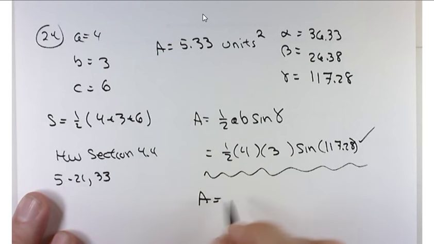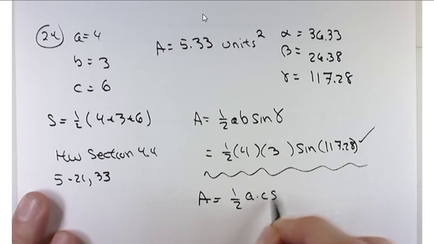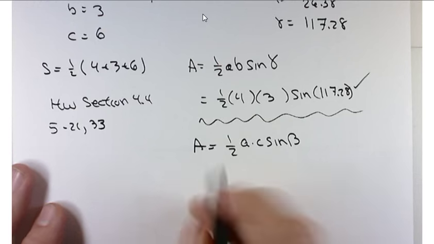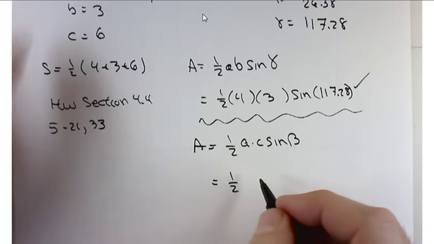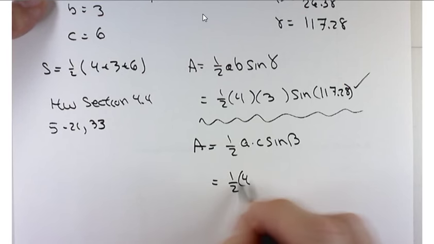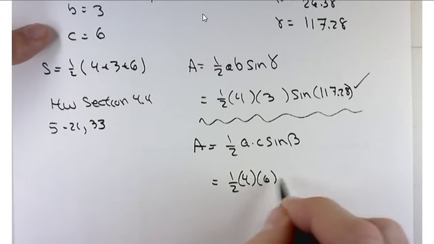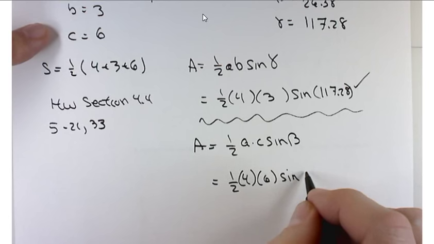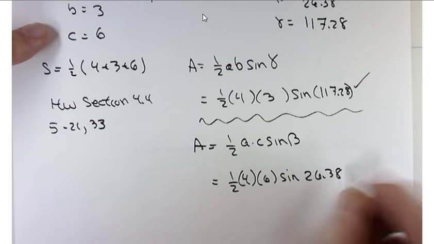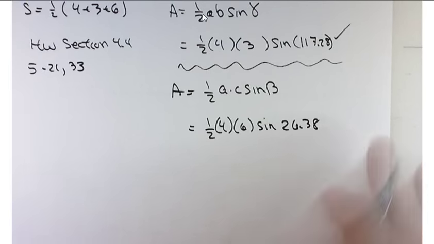I'd use 1/2 A times C times the sine of beta, right? So it'd be 1/2 4 times 6 times the sine of 26.38. It should still give me the same thing again.